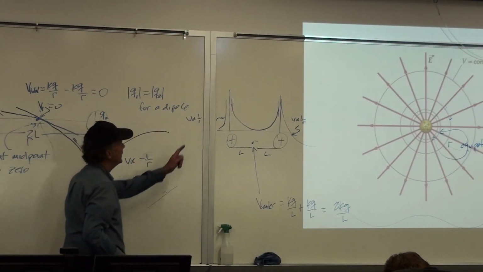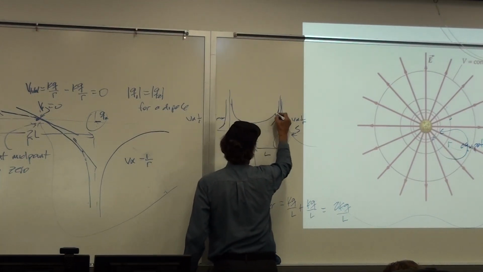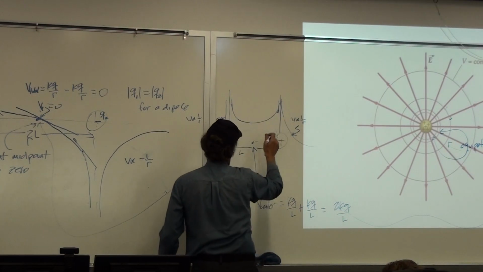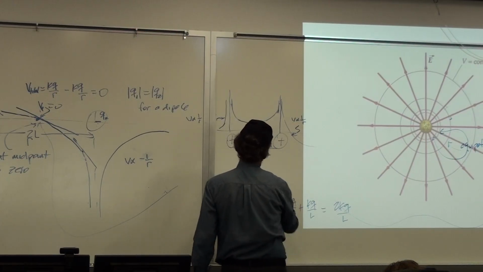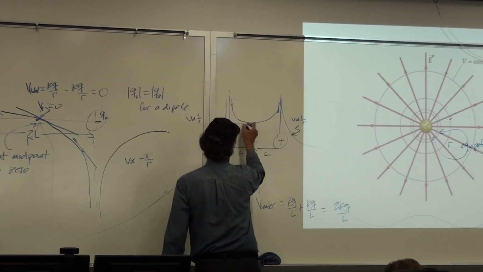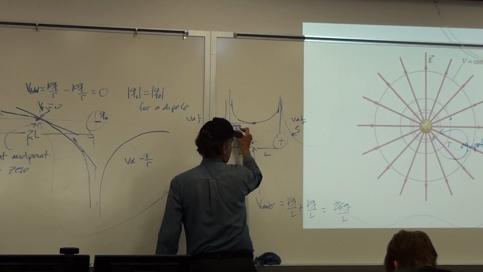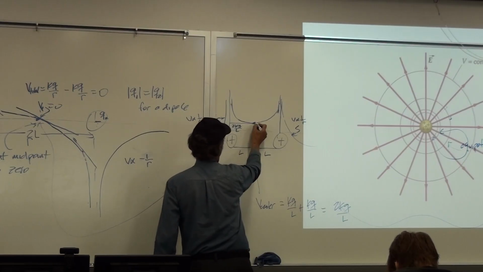But then in the middle, this is going to be non-zero here for the voltage. So the voltage here is 2kq over L. That's what it is there.